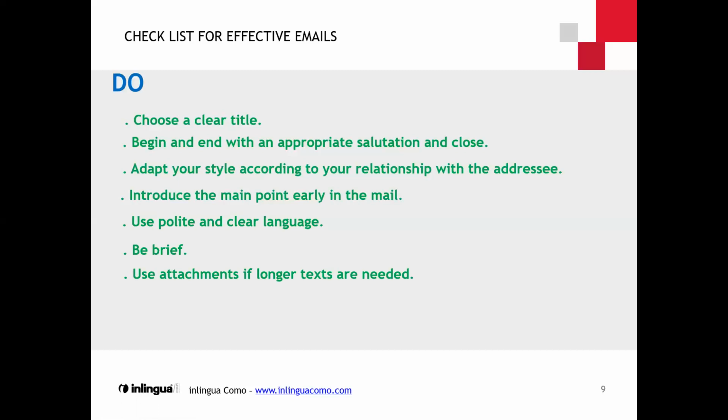Here, in this case, it's good advice. For example, if you have long attachments, enclosures, or documents, contracts that you want to enclose to the email, do not put them in the same email that you're talking about or introducing the item to, but put them as an attachment so that people have the time to go back and read them when they have more time.